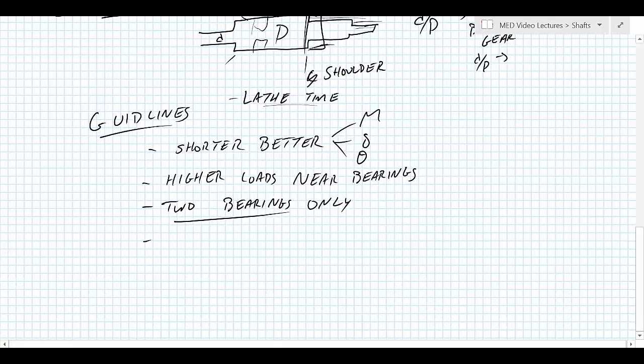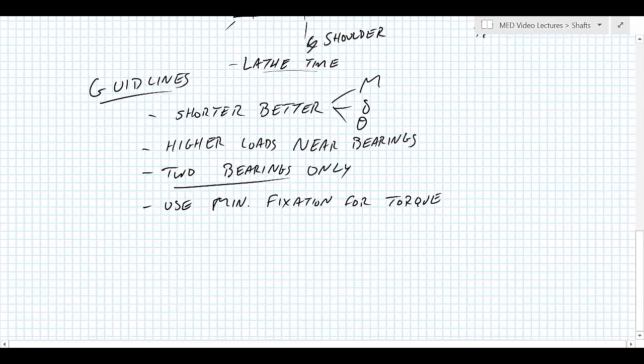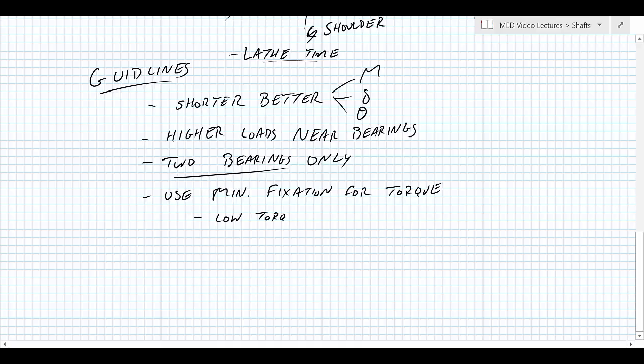And then we need to use the minimum fixation for the torque that we have. So if we have a shaft and we need to transmit from one component to another on this shaft, we're going to have some sort of fixation. So we have, say, low torque situations.